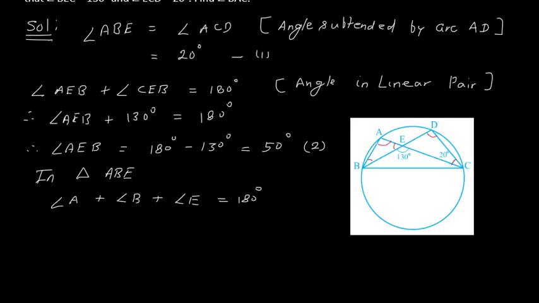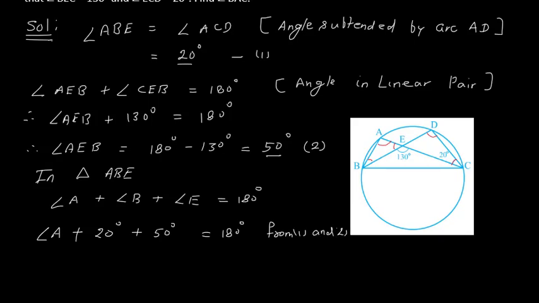So when I mention a triangle, you have to see in that triangle only, right? So angle A is not known to me, so I will keep it as angle A. Angle B, we found ABE is 20 degrees. We have found angle E also, it is 50 degrees, and this is 180.